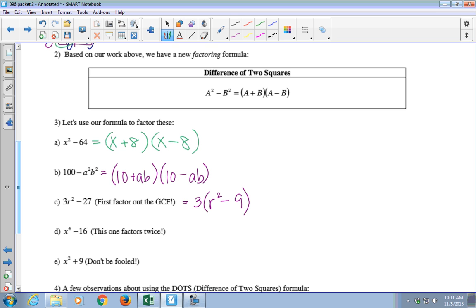And then r squared minus 9, I go, oh, r squared's a perfect square, 9's a perfect square. I can apply this formula to r squared minus 9. So I just copy the 3, and then I'm going to have a double bubble, and I have a plus and a minus, and then the square root of r squared is r, square root of 9 is 3.